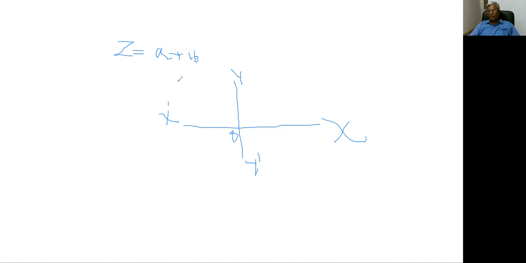According to Argand, a very seasoned mathematician, the real part of the complex number Z is equal to a plus iota b is written on the x-axis. This is a, whereas the imaginary part, this b, is written on the y-axis.